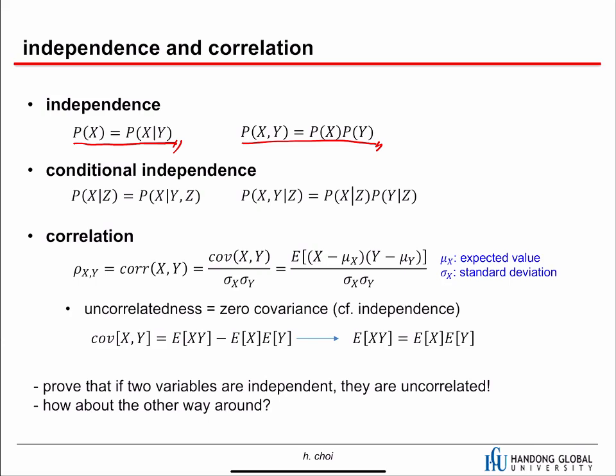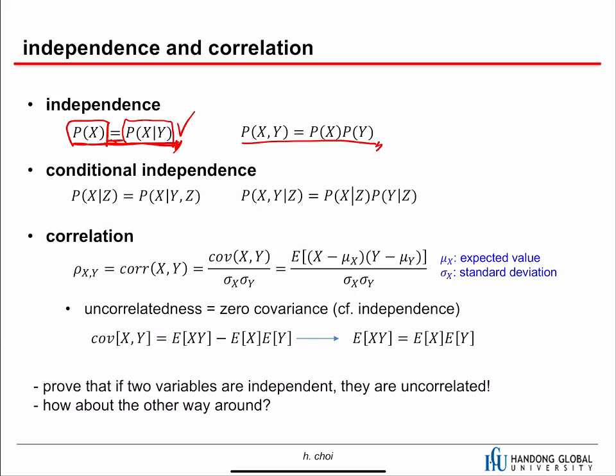Let's try to understand what this equation means. The first term, P of x, is the probability of x, and this one says the probability of x given y. When we have a specific y, we're interested in the probability of x given that condition. But this equality says y has nothing to do with the probability of x.